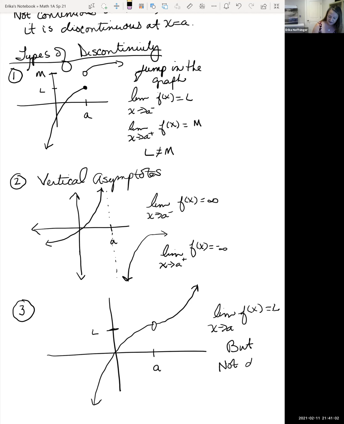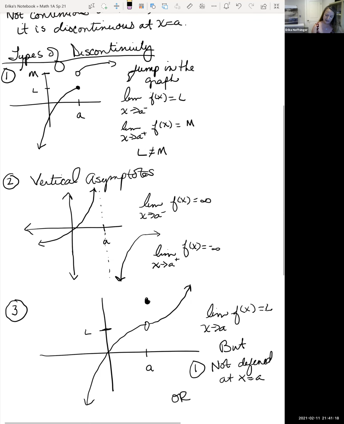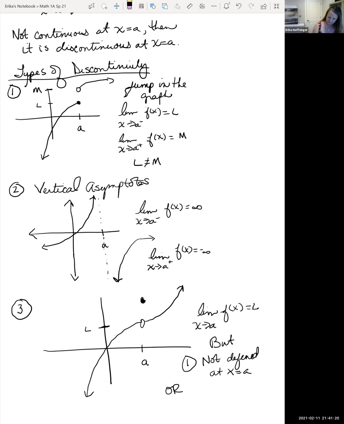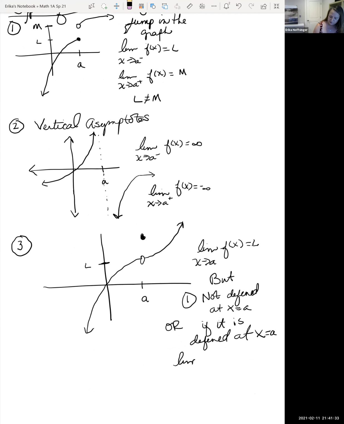It's either not defined there, or what if we had a point up here? We could have a solid circle there. Or if it's defined at x equals a, the limit as x approaches a of f of x does not equal f of a.